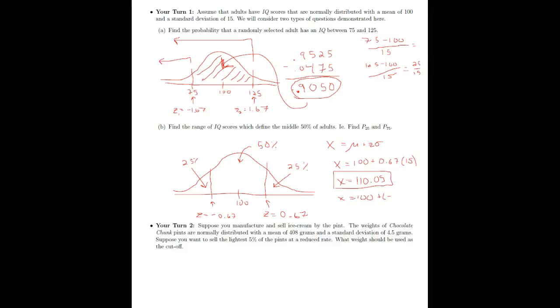And then x equals 100 plus negative 0.67 times 15 to represent this z-score, to find that IQ score.